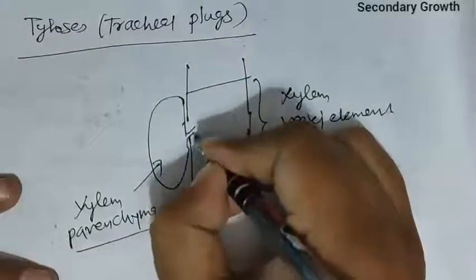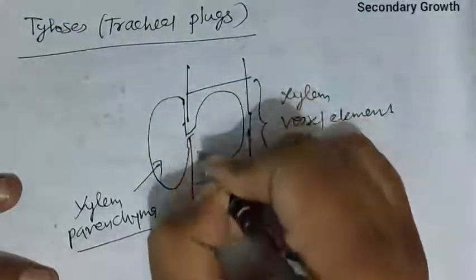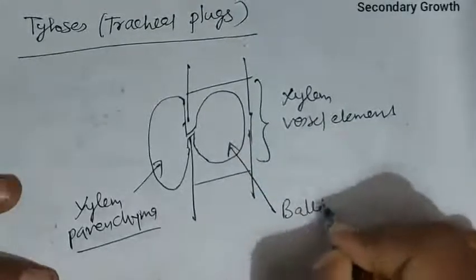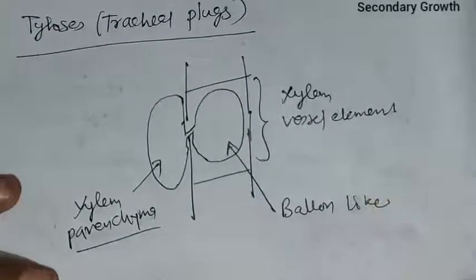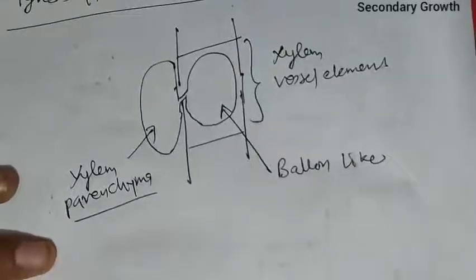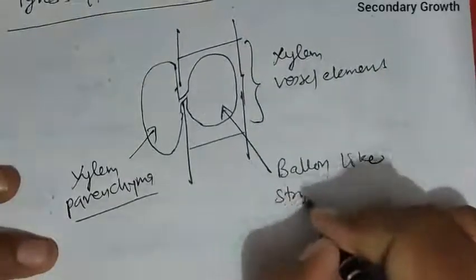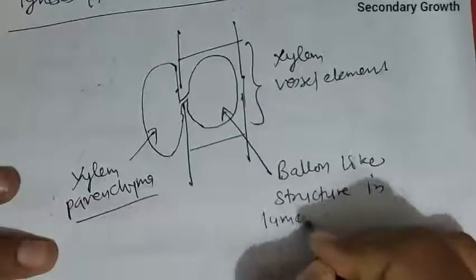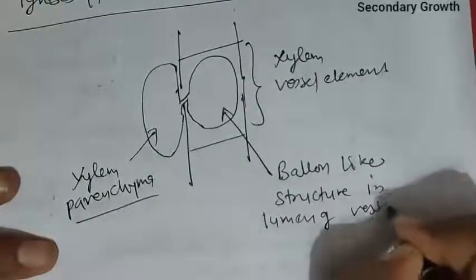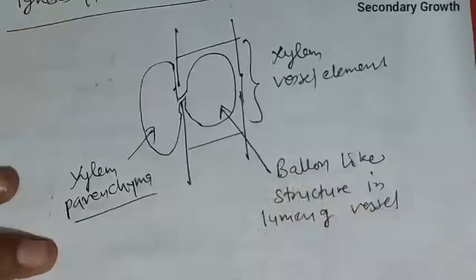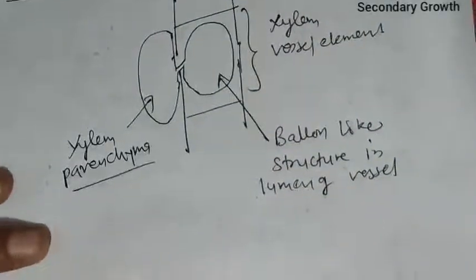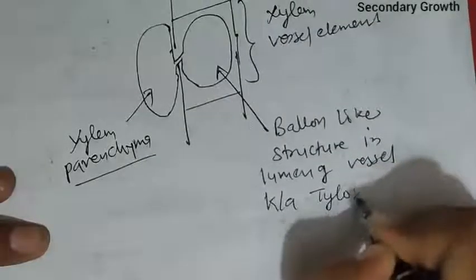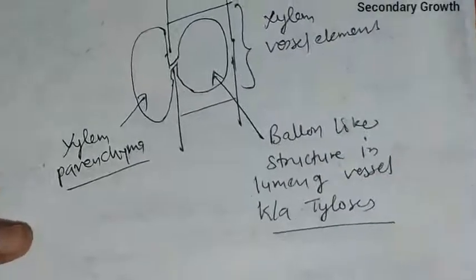Now this xylem parenchyma grows like a balloon, then this balloon-like structure in the lumen of the vessel is known as tylosis, okay, or tracheal plugs.